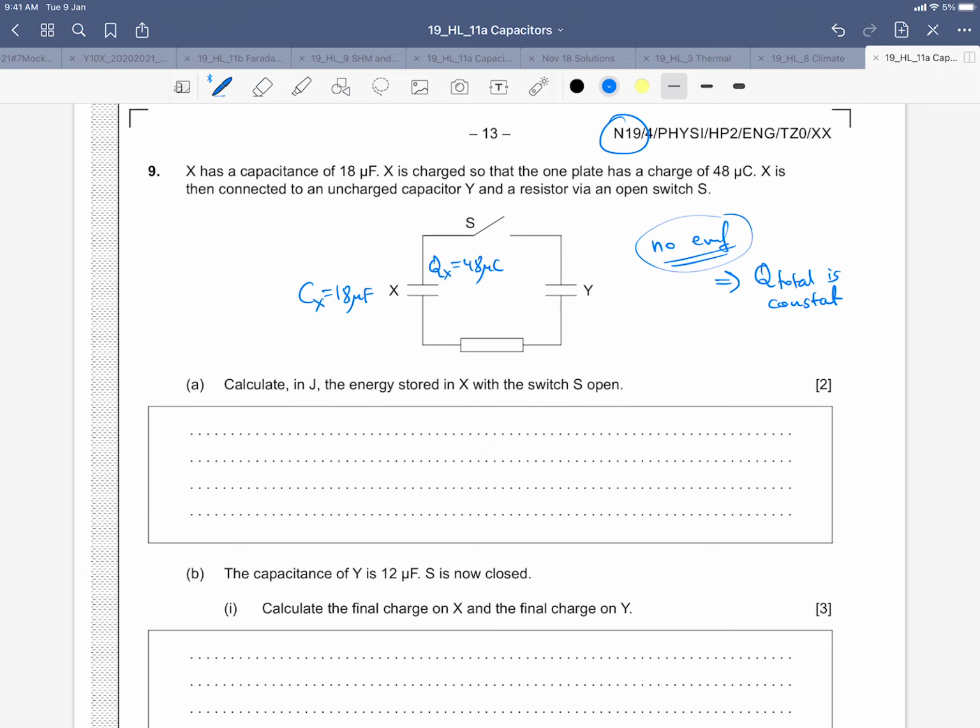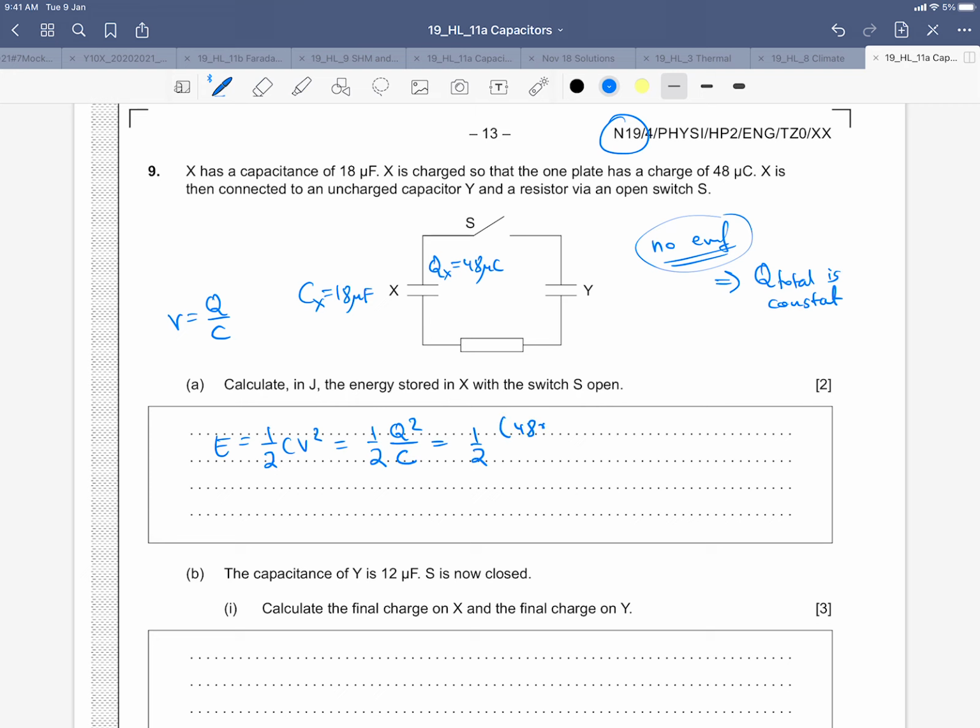Okay, calculate the energy stored in X. So this is an easy one again, because we just have to use this formula, and we know that V is Q over C. Okay, so we know the capacitor, we know the charge. I'd rather write this equation as half Q squared over C, and that is going to be 1/2.